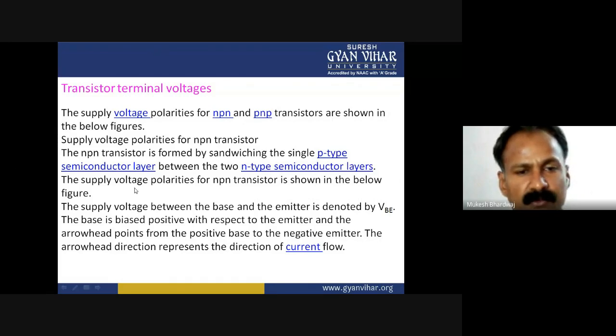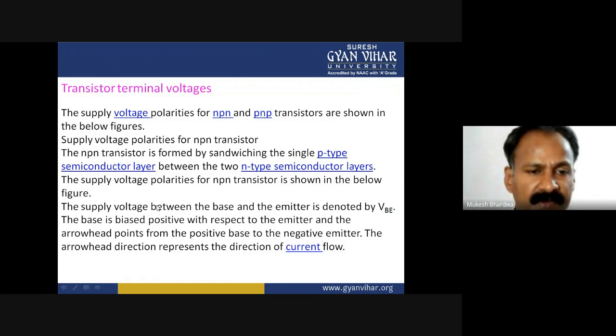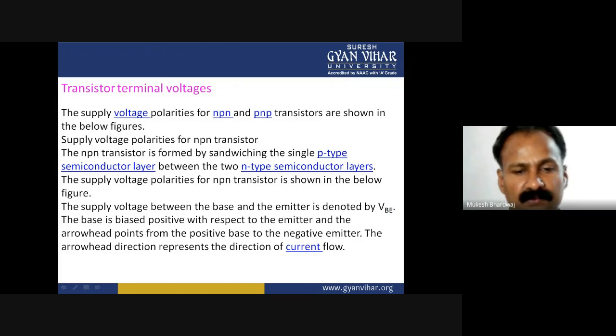The supply voltage between the base and the emitter is denoted by VBE. The base is biased positive with respect to the emitter, and the arrowhead points from the positive base to the negative emitter. The arrowhead direction represents the direction of current flow.